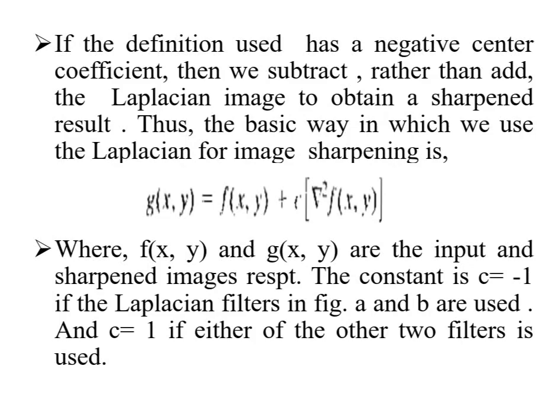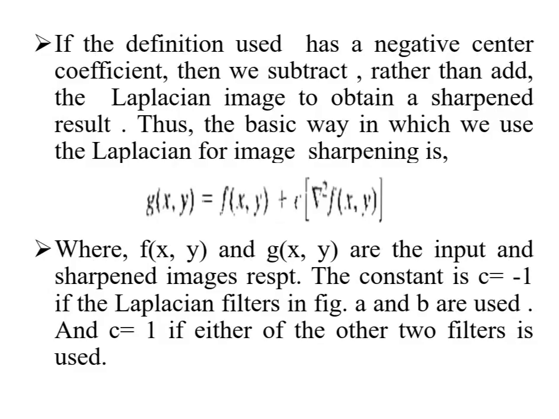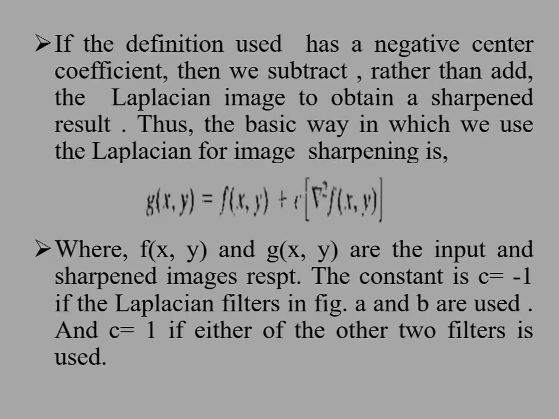Thus, the basic way in which we use the Laplacian for image sharpening is g of x comma y is equal to f of x comma y plus c times del square f of x comma y, where f of x comma y and g of x comma y are the input and sharpened images respectively. The constant c is equal to -1 if the Laplacian filter in figure A or B is used, and c is equal to 1 if either of the other two filters is used.